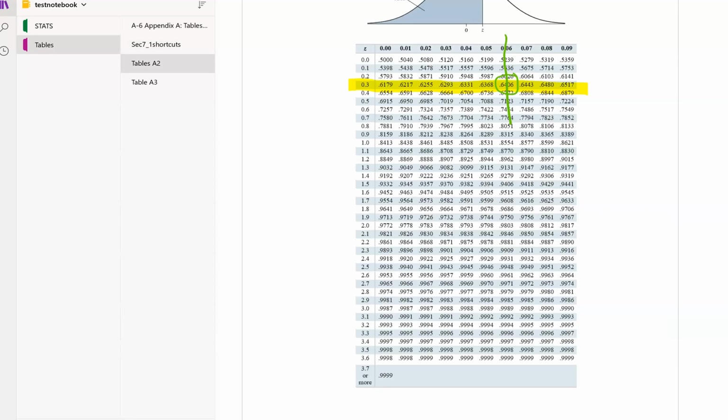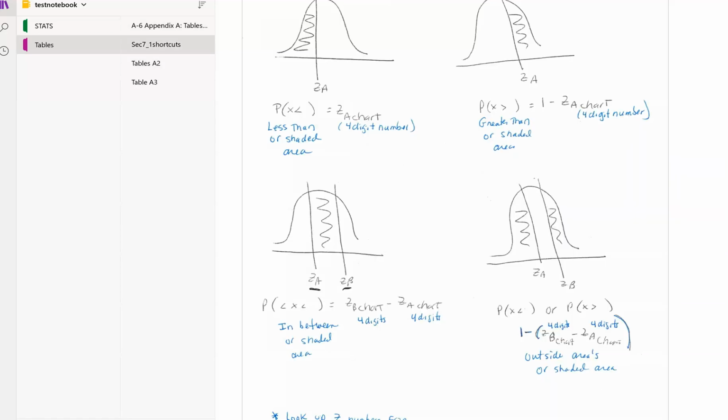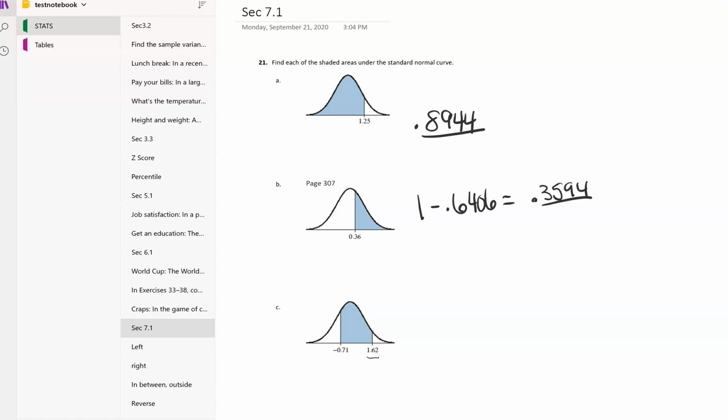So I go to my tables and I look up 1.62. So 1.6 is here and the 2 is here. So it's 0.9474. So I go back to the homework, 0.9474.